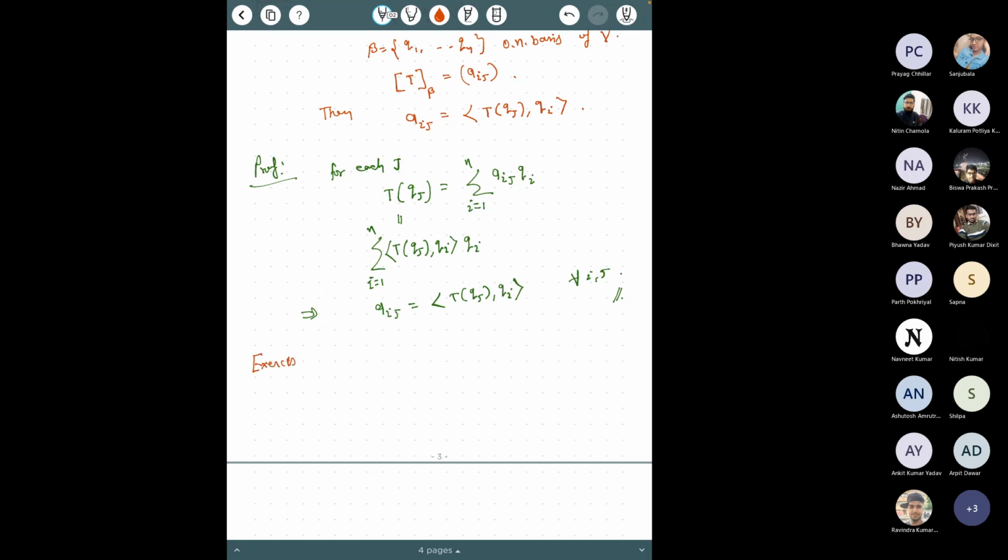The exercise is the following. Suppose we have a finite dimensional inner product space, and a linear operator T on V, and suppose we have an orthonormal basis Q1 to Qn of V. Then you can show that the matrix of T star with respect to this basis is the conjugate transpose of the matrix of T. Okay, this is an exercise.